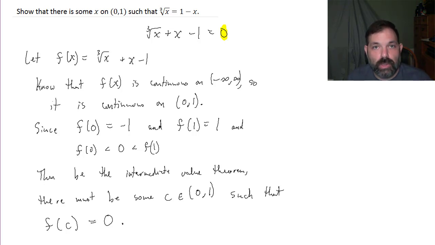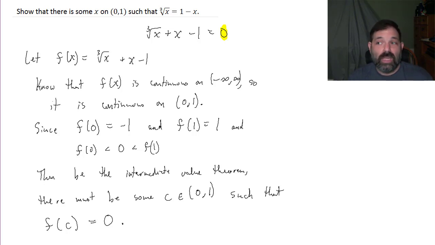Because the function is continuous, and our goal value 0 is between the function at the left endpoint and the function at the right endpoint, there must be a c value. There must be some value in between such that f of c equals 0.